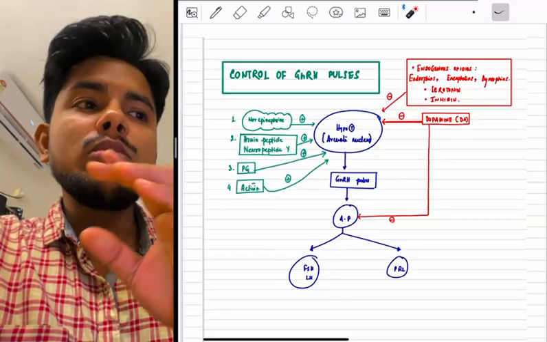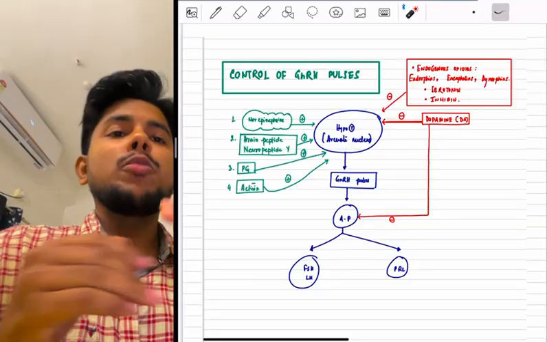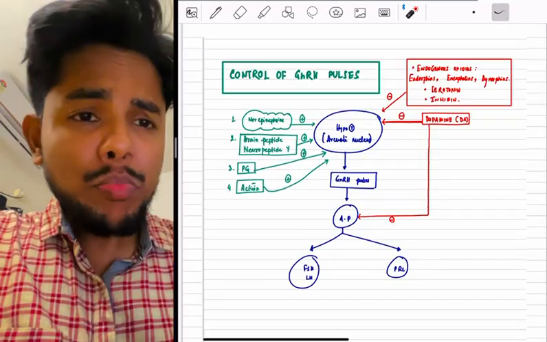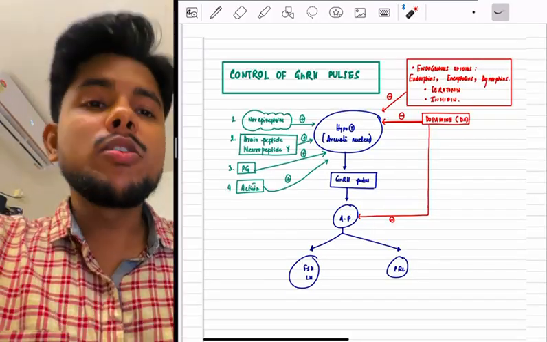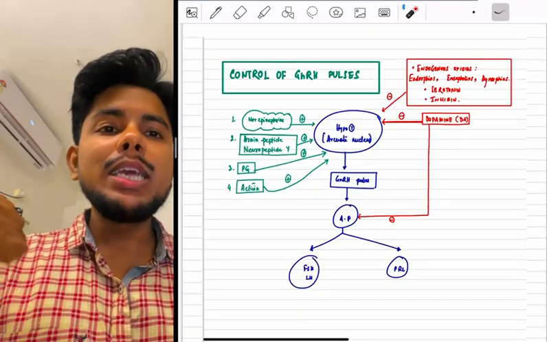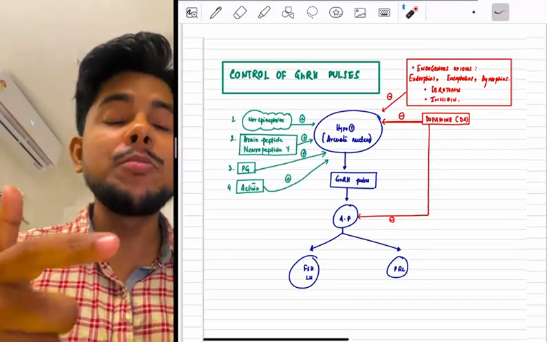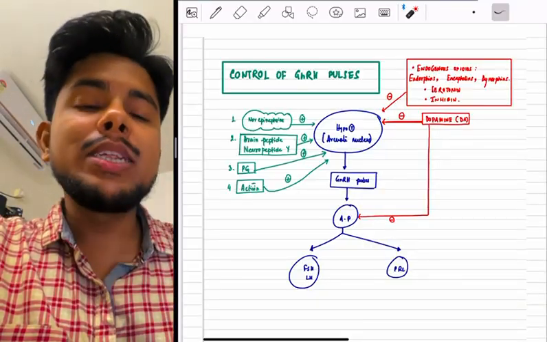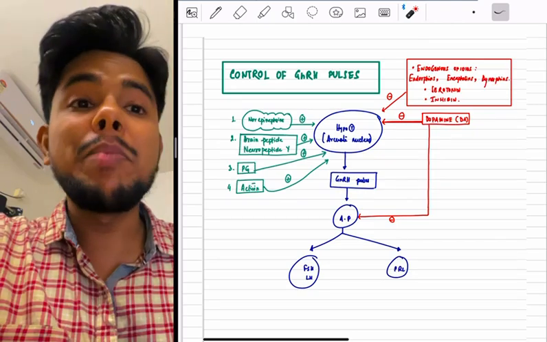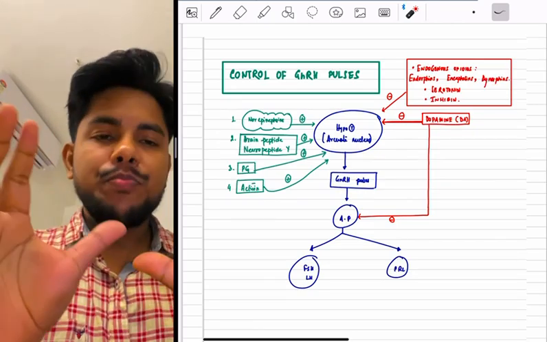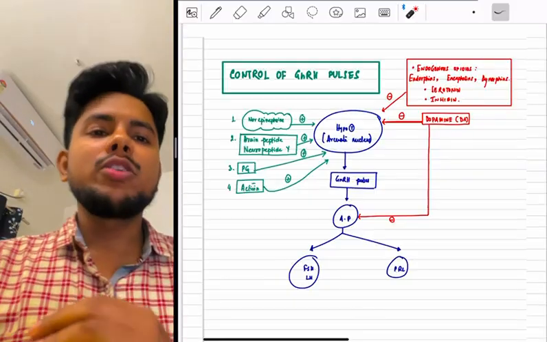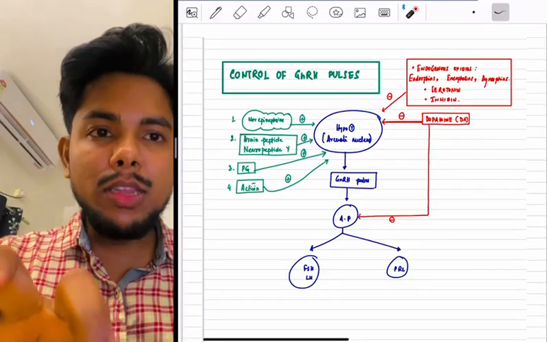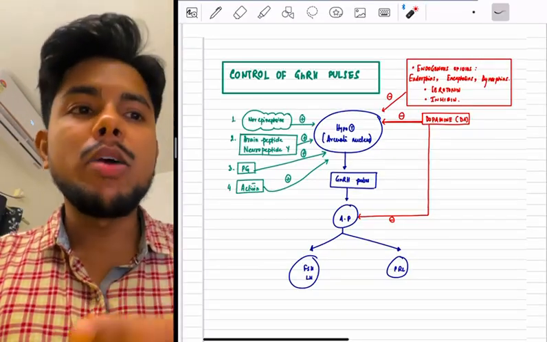The one very important hormone which has a basal release is T3 and T4, released from the thyroid gland, because they are very important for maintaining your BMR, or basal metabolic rate. All the hypothalamic and pituitary hormones are released in a pulsatile fashion. When I say pulsatile, I mean those hormones are released on demand.